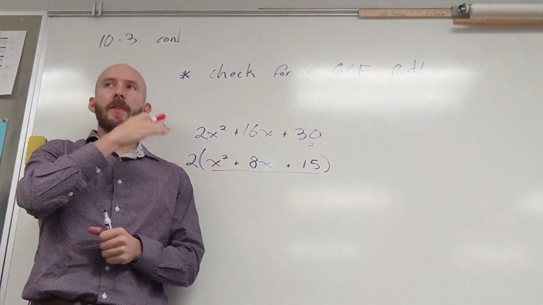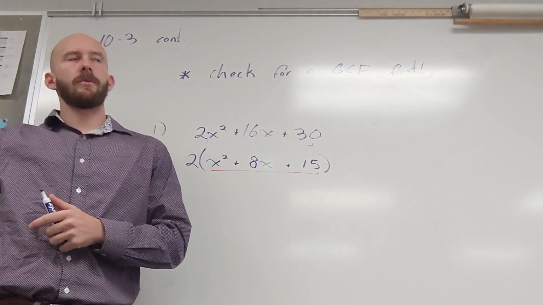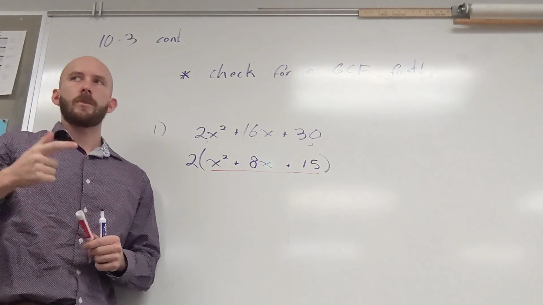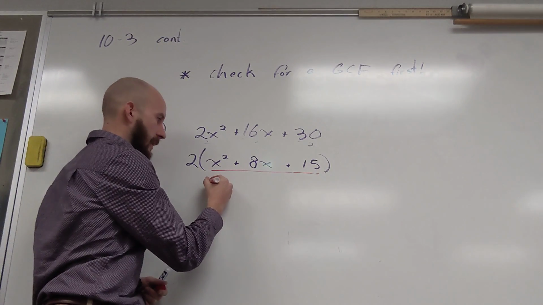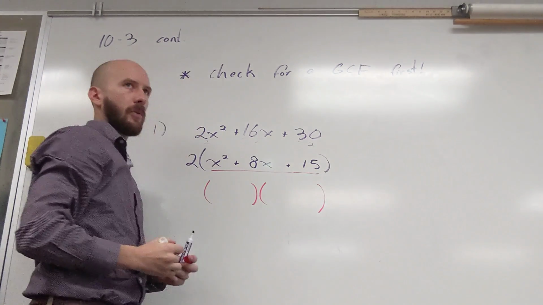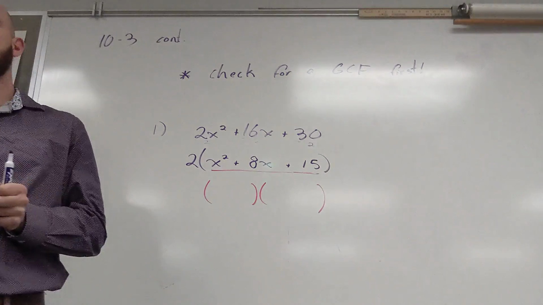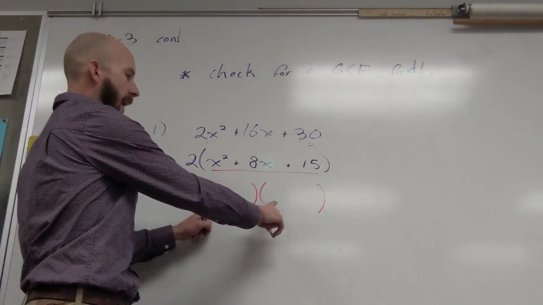That's where we're going to do what we did last week or the week before. So that's what we're going to factor. I'm going to put my 2 sets of parentheses. And what has to go here?